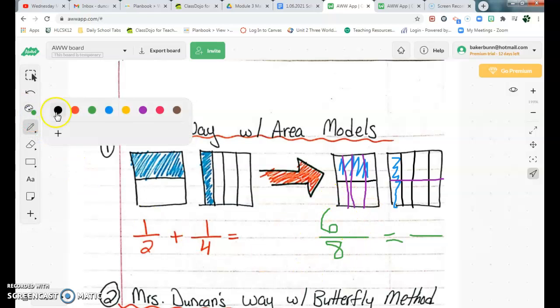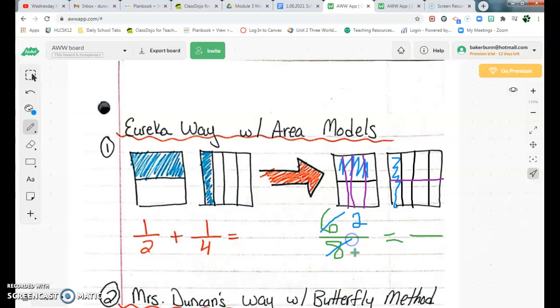I know that 2 can go into 6 and 2 can also go into 8. 2 can go into 6 3 times and 2 can go into 8 4 times. That is the smallest form of that fraction, 3/4. So again, this is how you add fractions with unlike denominators using the Eureka area model way. Apologize for the mishap yesterday.